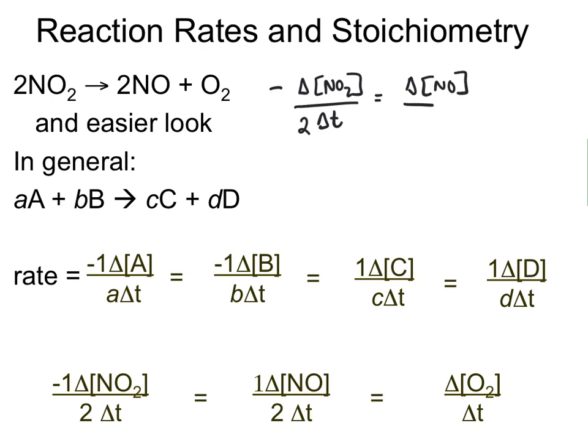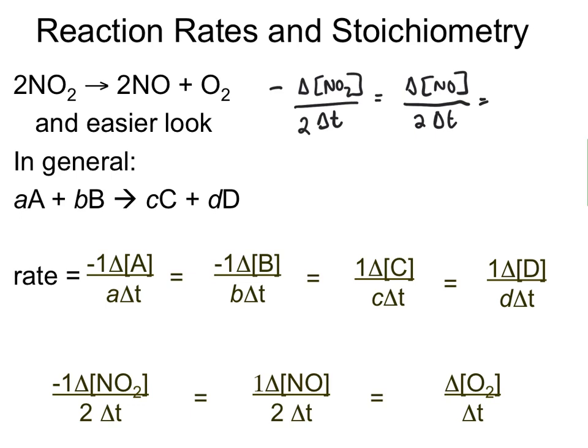Now, NO is in that 1-to-1 relationship, so it's going to have the same rate expression in terms of the values down at the bottom, but obviously it's going to have a positive sign because the NO is appearing.